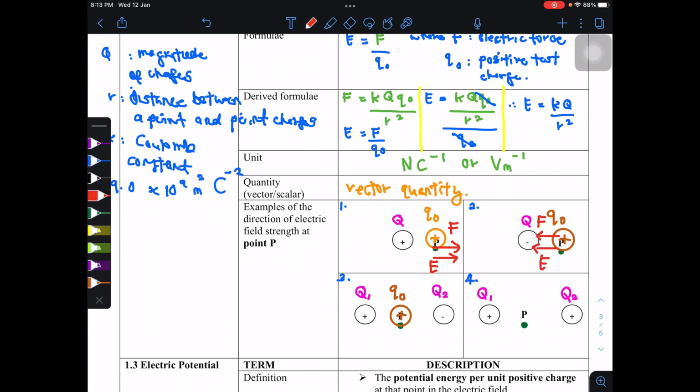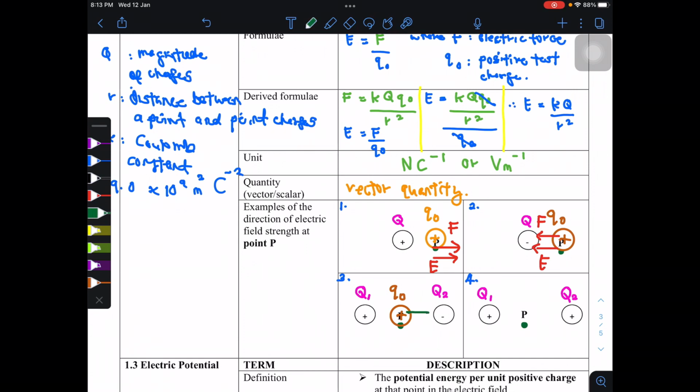So at point P, you have the positive test charge and Q1. Q1 is also a positive charge, so positive and positive charge, what do you get? Repulsive force. So you will get the direction of the electric force to the right.